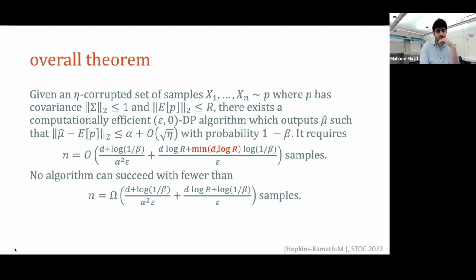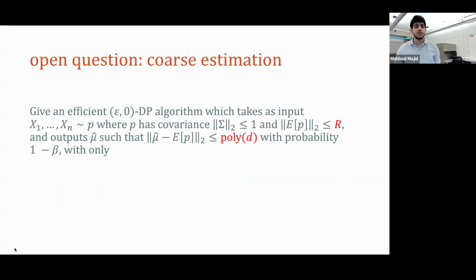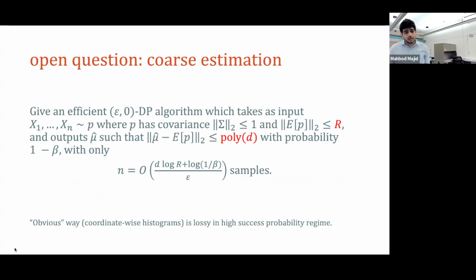So our algorithm matches the lower bound on every term except that term. And so an open question is whether we can get rid of that term in the coarse estimation problem or not.